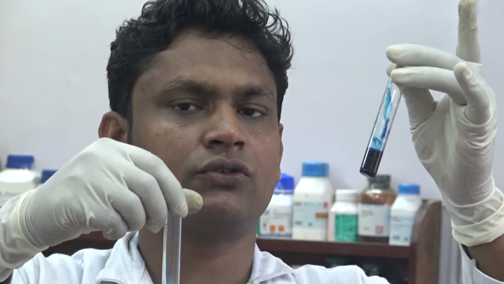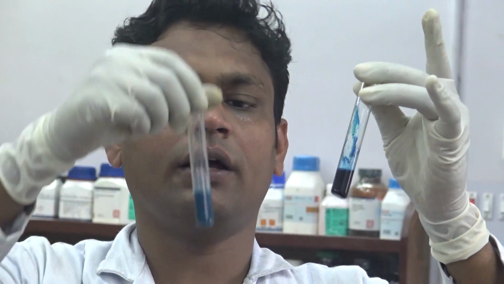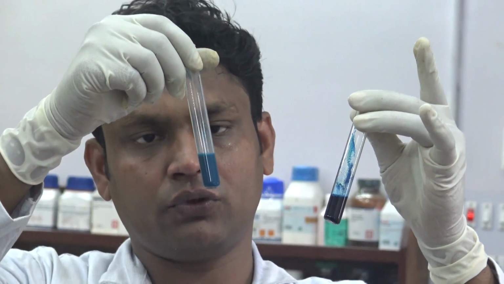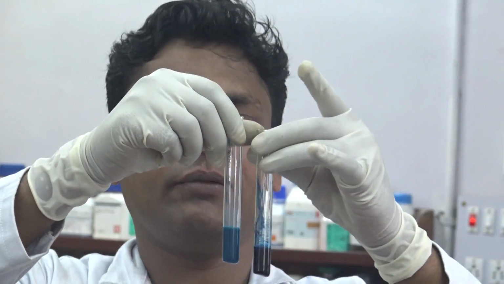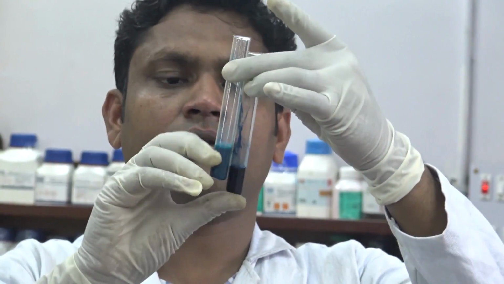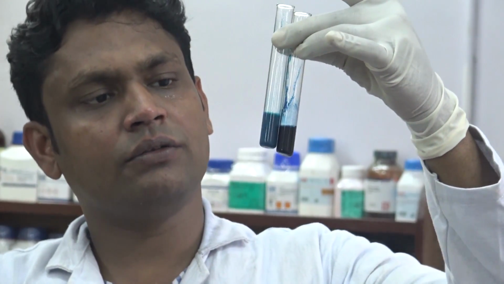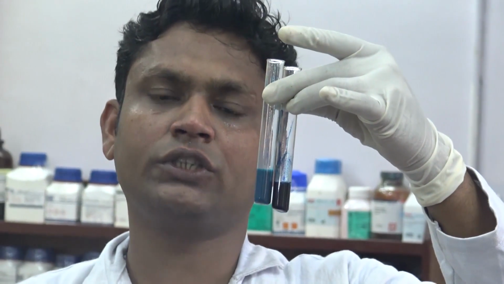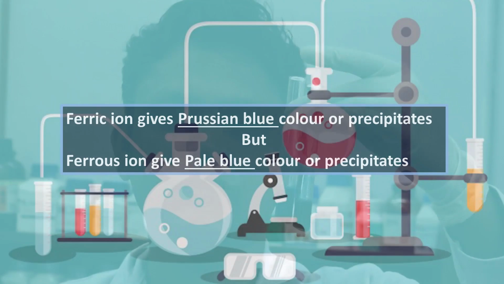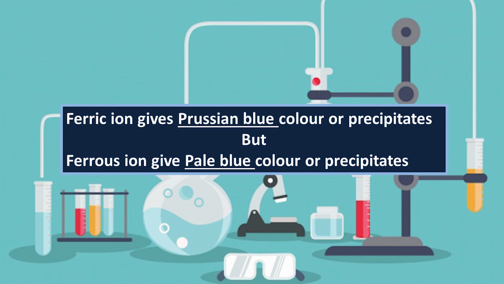My left hand side shows the test for ferric ion and this shows the test for the ferrous ion. Here the two colors are different, but the color is bluish in nature. Hence by these two tests we can distinguish between the ferrous or ferric ion present in our solution.